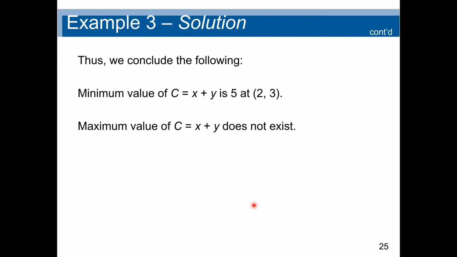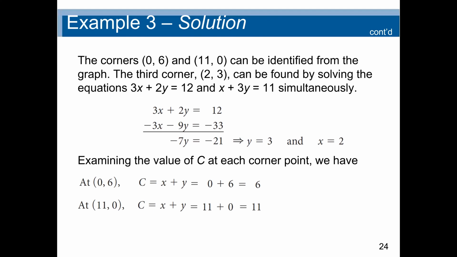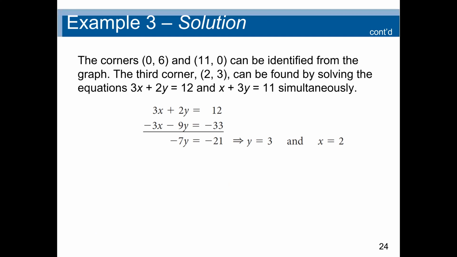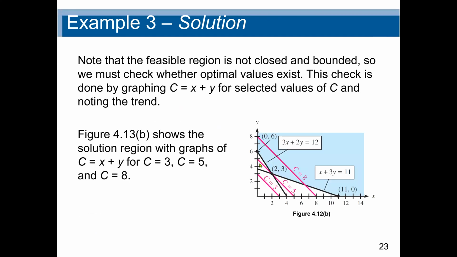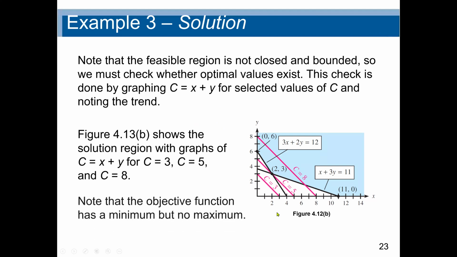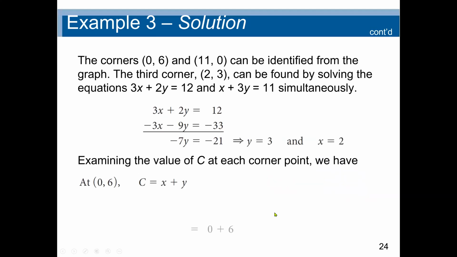Actually, here we say the maximum value of x plus y does not exist because we have an open boundary section. When we look at the graph here, we always need to look at the graph first. So we have an open boundary, it's not closed. This can stay expanding out.